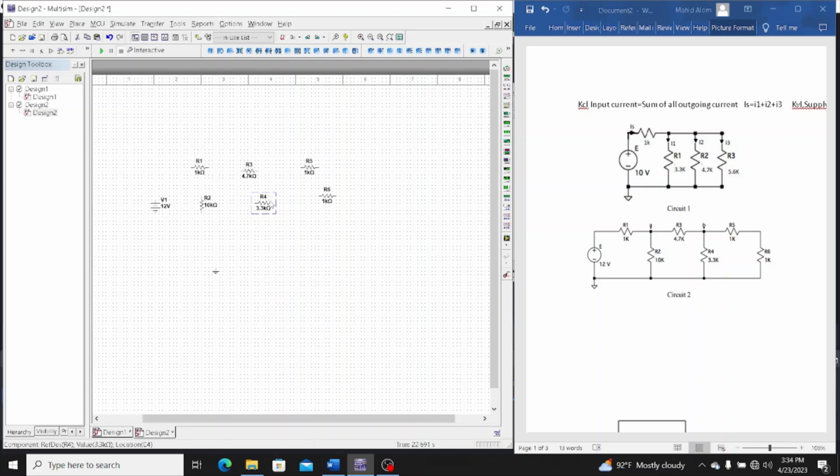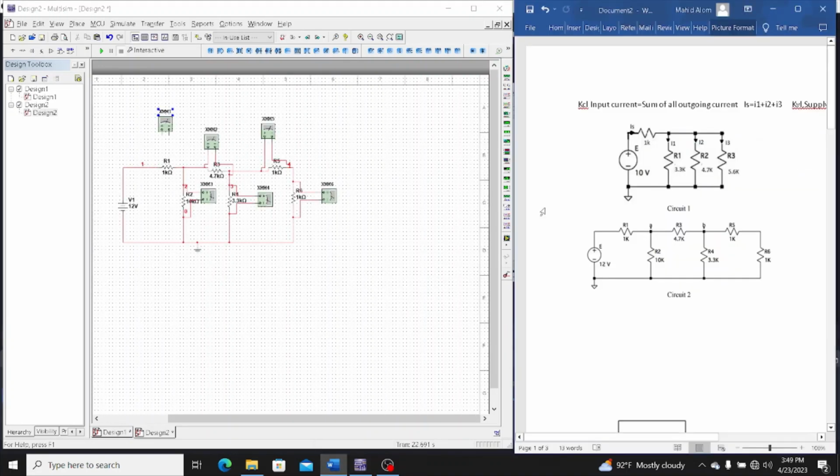Now I want to press Ctrl R and rotate it by 90 degrees. So again Ctrl R, then I just need to connect each one with multimeters, and I took 7 multimeters.